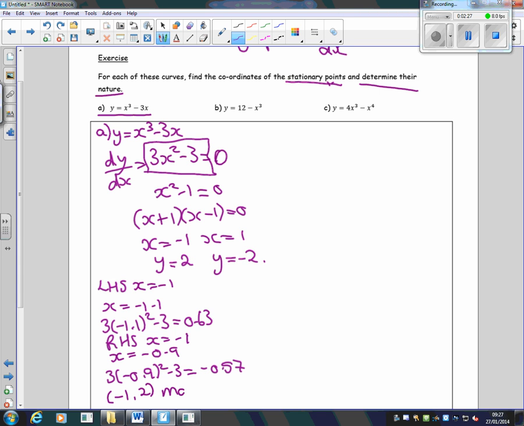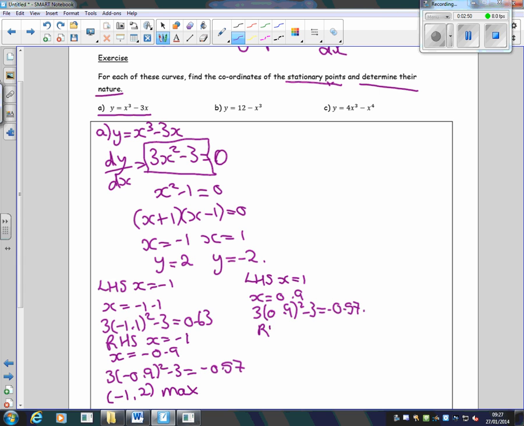the point minus 1, 2 is a maximum. Now we need to test the other point. We test the left-hand side of x equals 1, again substituting into 3x squared minus 3. That would be the x value of 0.9, so 3 lots of 0.9 squared minus 3 equals minus 0.57.